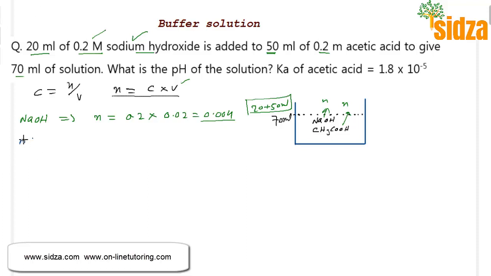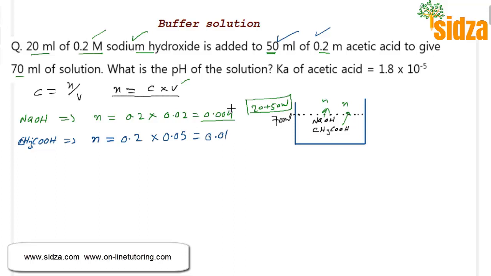Now we also added the acetic acid, CH3COOH, so let's find out the number of the moles of the acetic acid. We have added 50 ml of the acetic acid, and 0.2 molar is the concentration. 0.2 times 50 by 1000, that is the volume of the solution in liters, so this will be 0.05, and this will be 0.01.